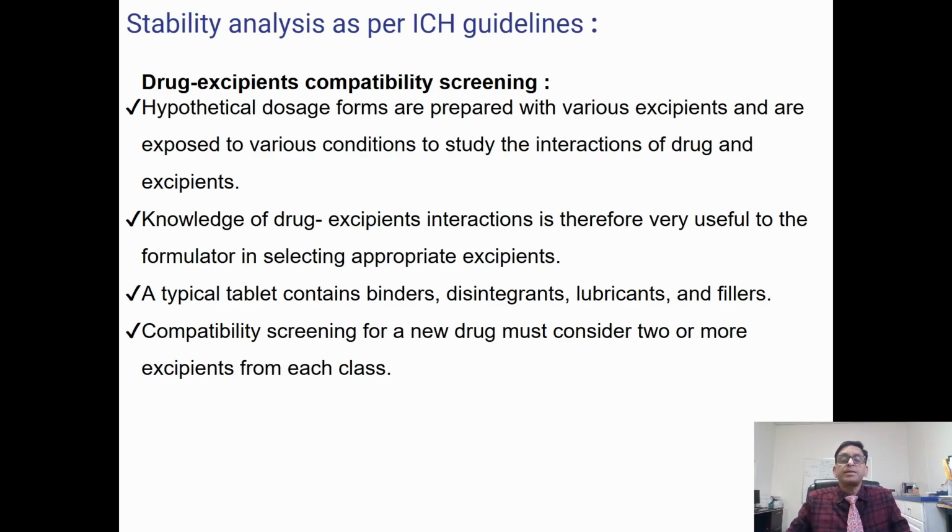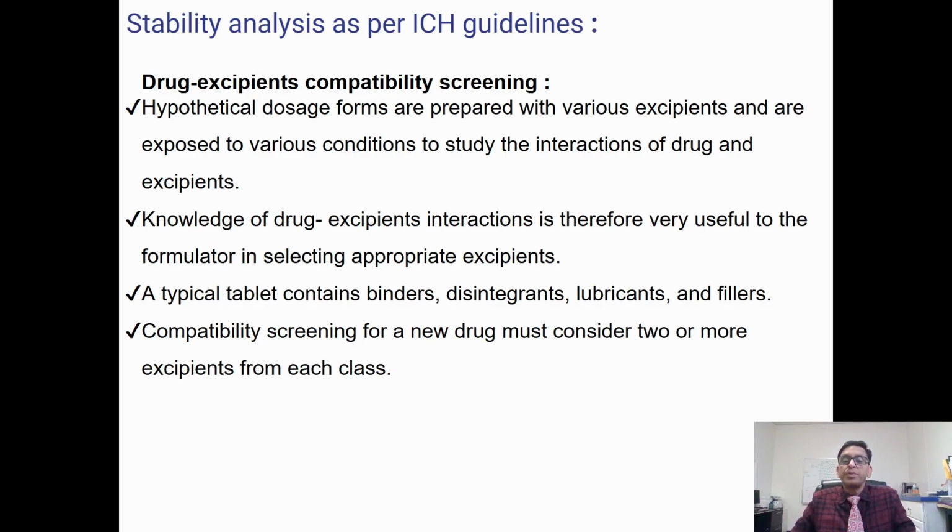Typically, a tablet contains a binder, disintegrants, lubricant, filler, etc. We know there are a lot of ingredients used in making a tablet. But how do those drugs and excipients interact? They may lose their therapeutic characteristics, which has to be determined through physicochemical properties.